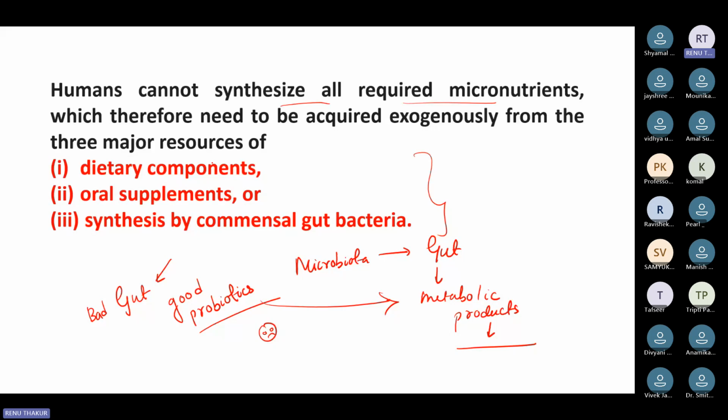We can take dietary supplements, like many of us take oral supplements, and we can also enrich our gut with bacteria that can synthesize some micronutrients. This is the best option, because supplements are costly, and not just costly, they may have some side effects. So it is always better to do it ourselves.